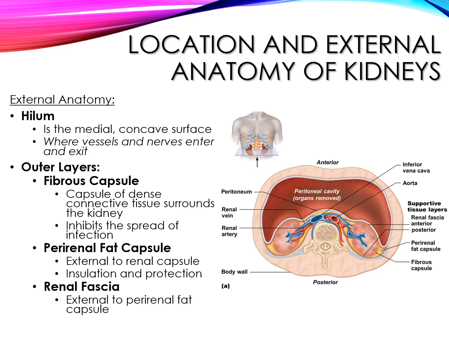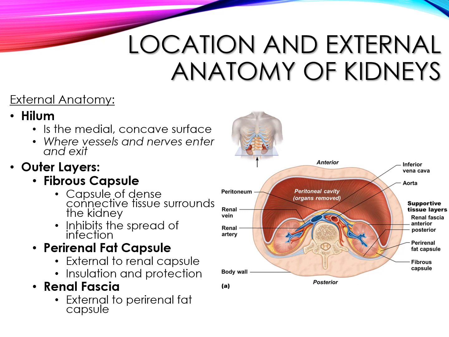The kidney also has quite a lot of layers. Because it's not in the abdominal cavity per se, or at least that peritoneal cavity that we talked about, it's not as protected. So it has a bunch of layers of connective tissue and fat to help protect these kidneys in the retroperitoneal space.